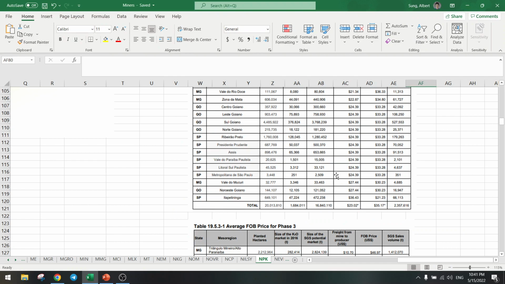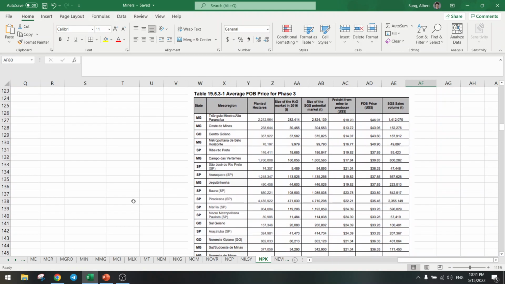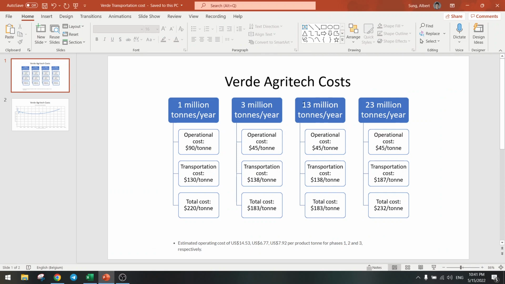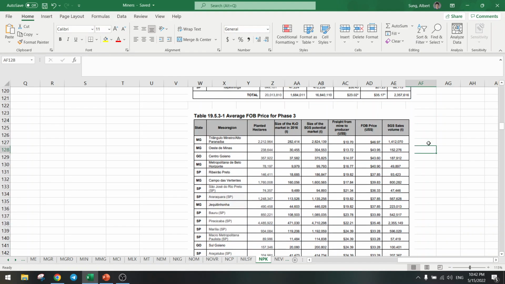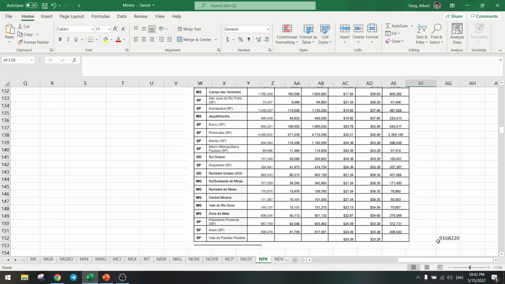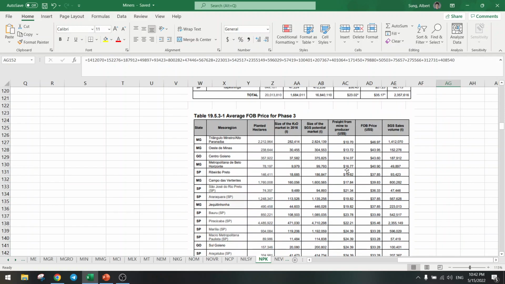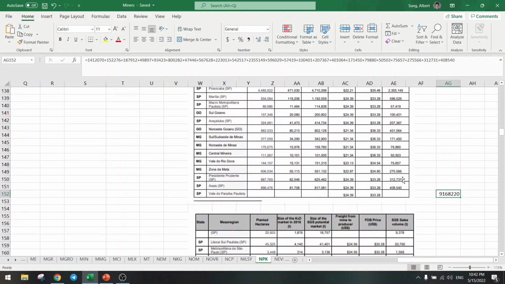Okay. Then we go to the next phase, phase 3. And for phase 3, I want to produce 13 million tons. And that's by 2024. Now, can we produce 13 million tons for low cost, low freight costs? Well, I have calculated here all the numbers from 141,207, this one, until 408, this one.